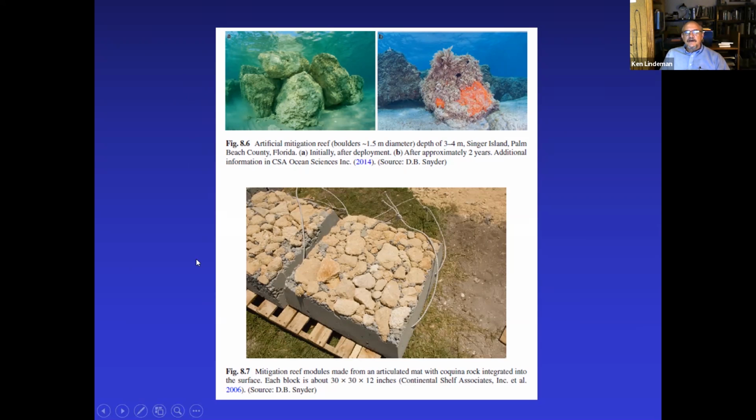In Brevard County, artificial reefs have been put in recently in association with a fill project that involve articulated mats with coquina rock integrated onto the surface. These reefs are really quite interesting.